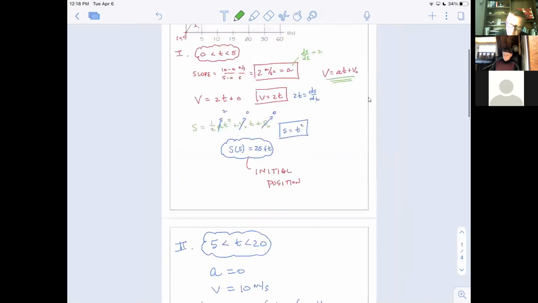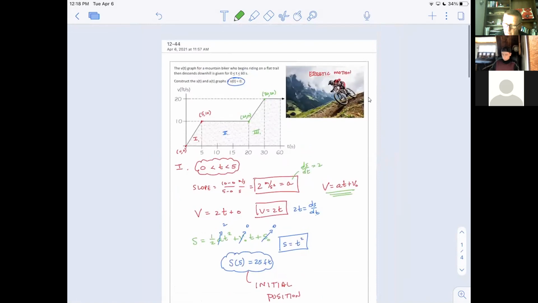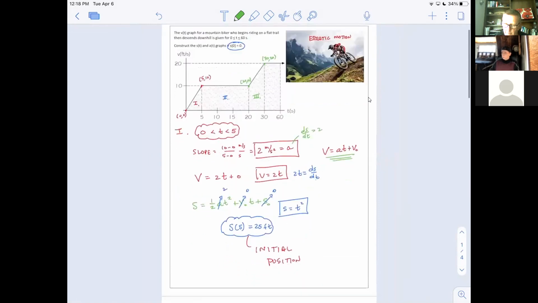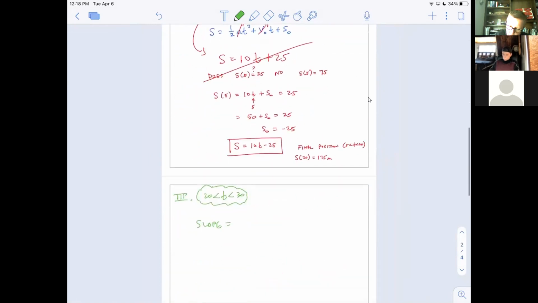I kind of forgot. 20 minus 10 over 30 minus 20. 20 minus 10, which again is meters per second, over 30 minus 20, which is seconds. I end up with 10 over 10, or 1 meter per second per second.